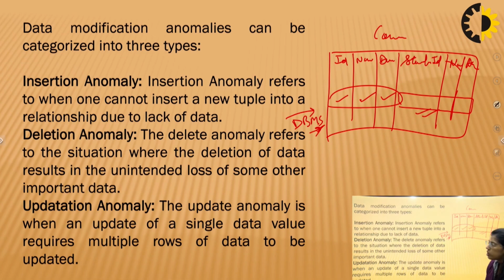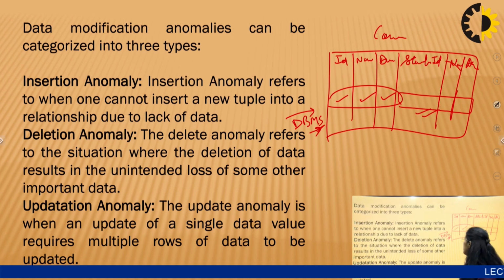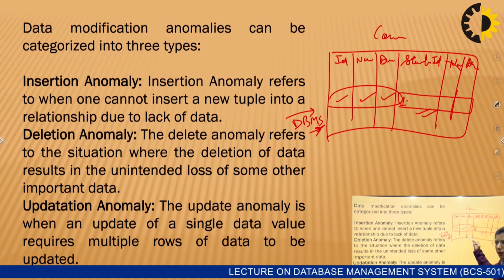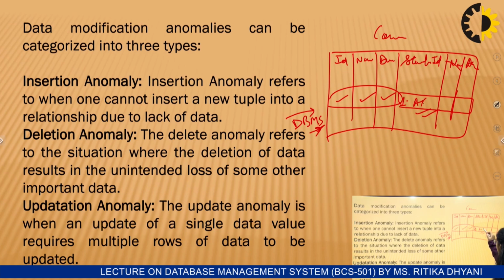Second is deletion anomaly. The delete anomaly refers to the situation where the deletion of data results in the unintended loss of some other important data. For example, let's say we have this subject in this table and a single student is opting for this particular course ABC, and some data is there.